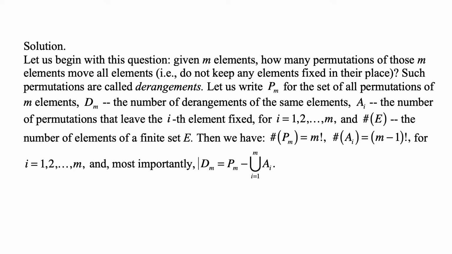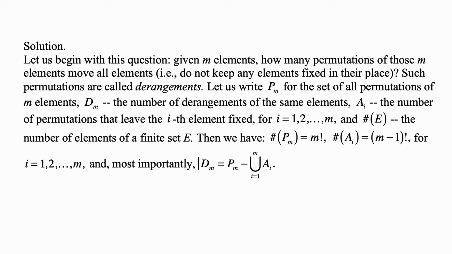Then we have that the number of elements of Pm is m factorial, that's what we know from what we learned about permutations. And the number of elements of Ai is m minus 1 factorial, because if one element is fixed in place, then all the others are permuted in some way.